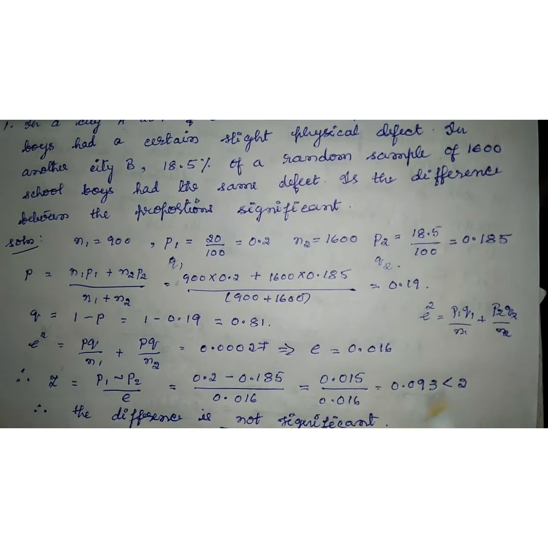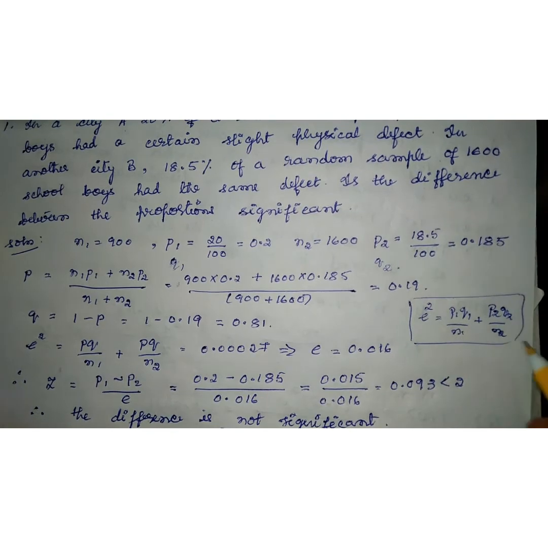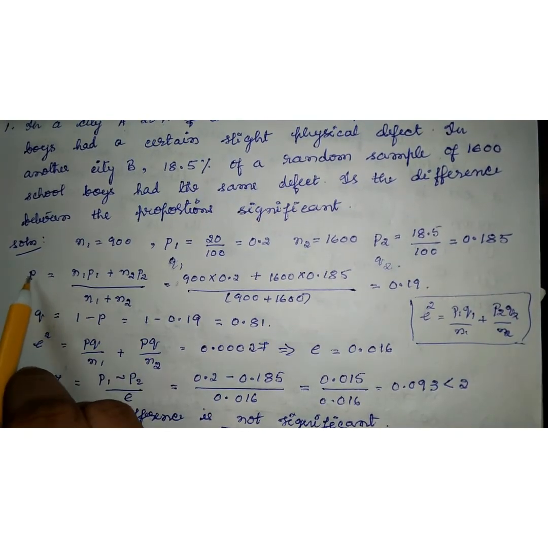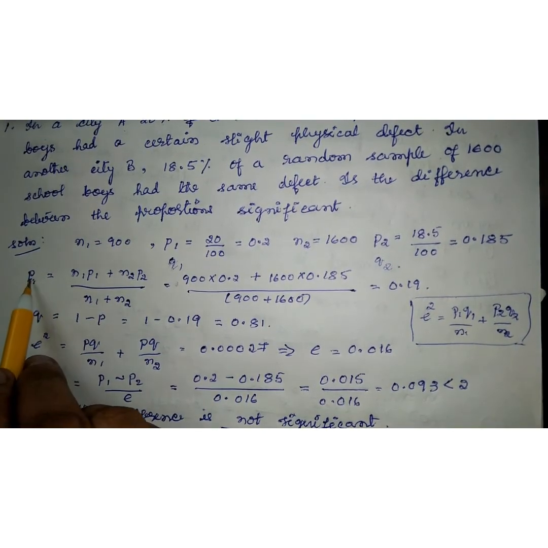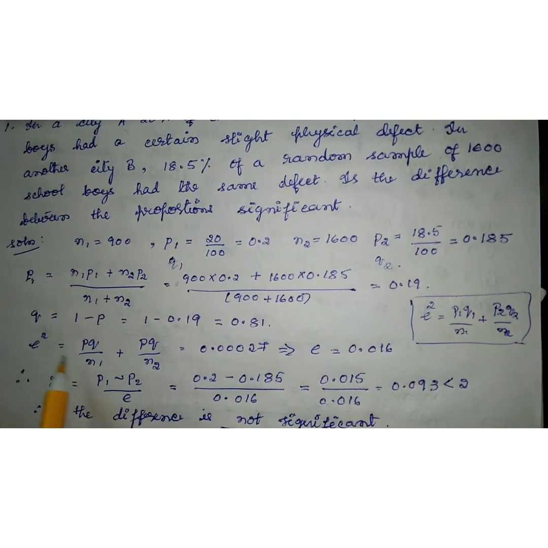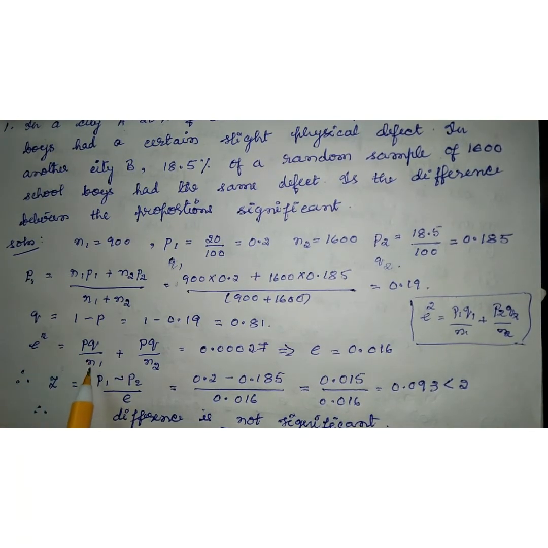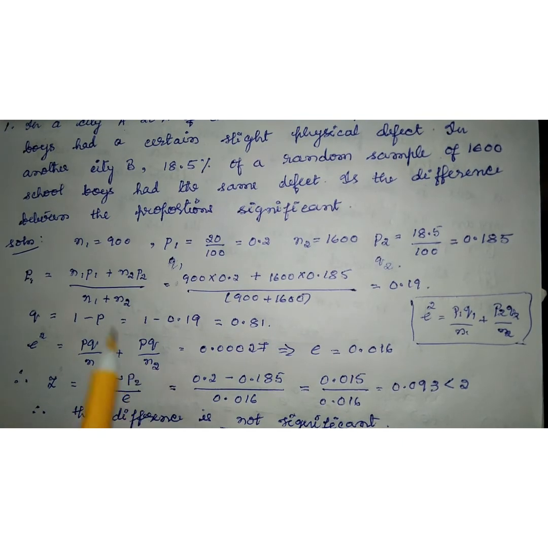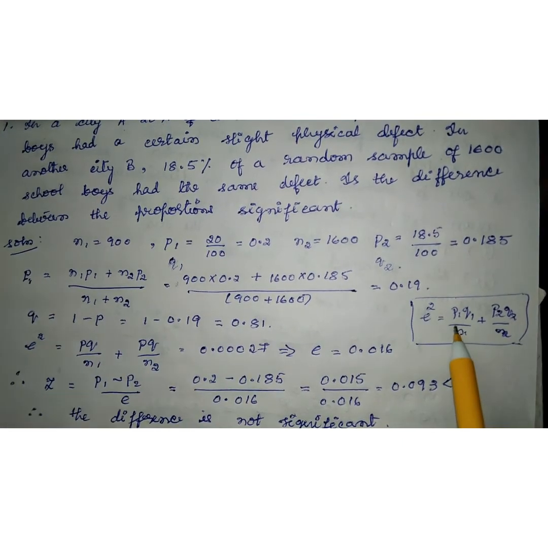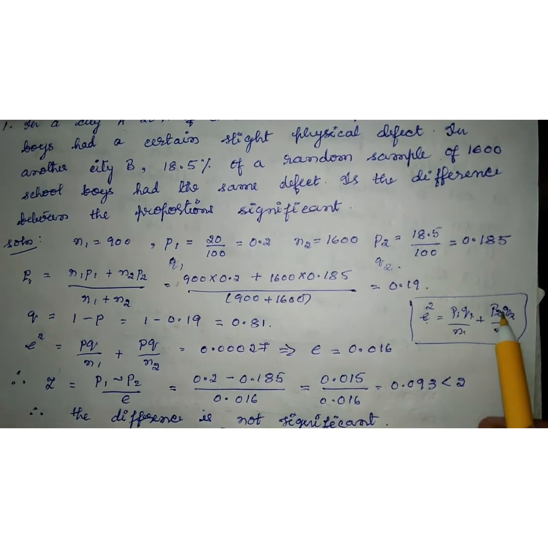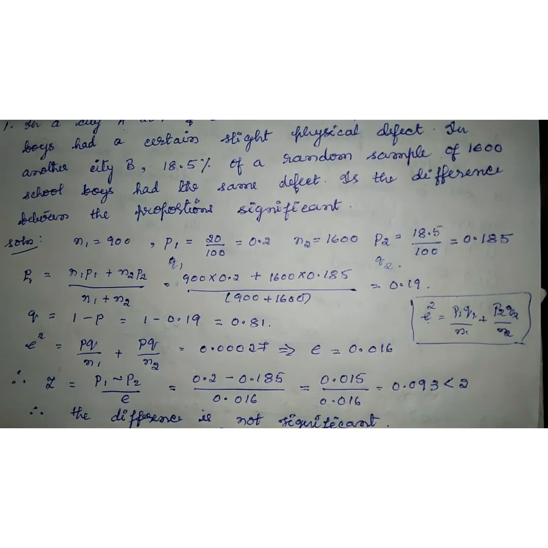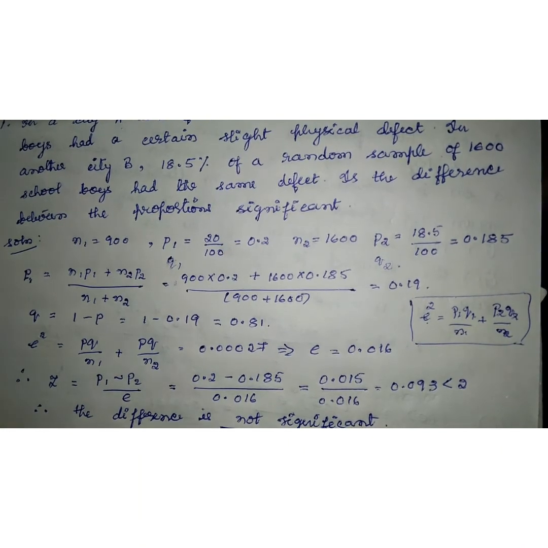You get the same value. If you use this formula, you need not find the P value. If at all you are finding the P value, then you should go for E square equal to PQ by n1 plus PQ by n2. Without finding P, you can directly use p1 q1 by n1 plus p2 q2 by n2 and you'll get the same answer. So let us move on to the next problem.